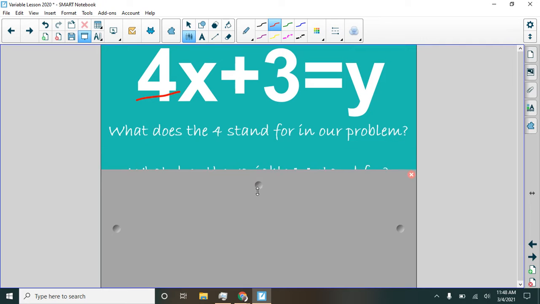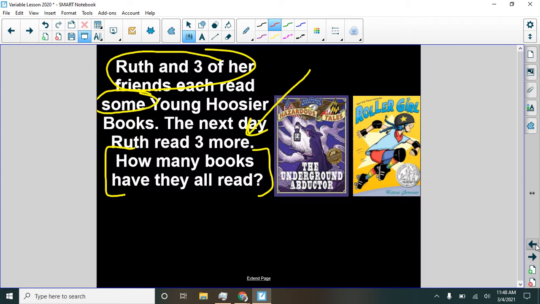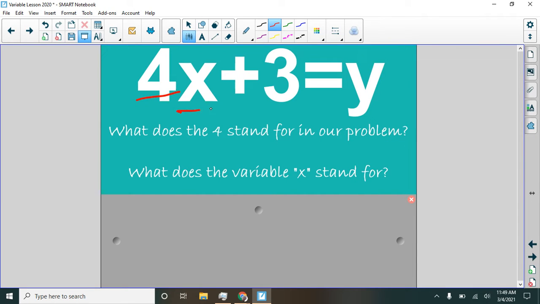What about the X? 4 of them did what? What did they do in the problem that we don't know? Okay, the X is going to stand for the number of books that they had read. So this X is going to stand for that number.